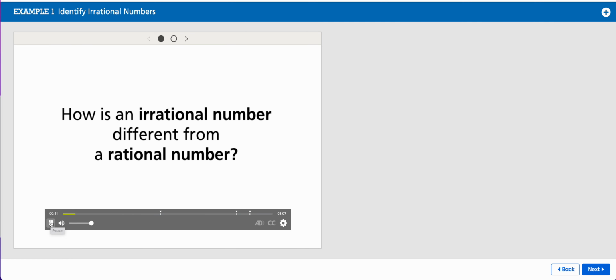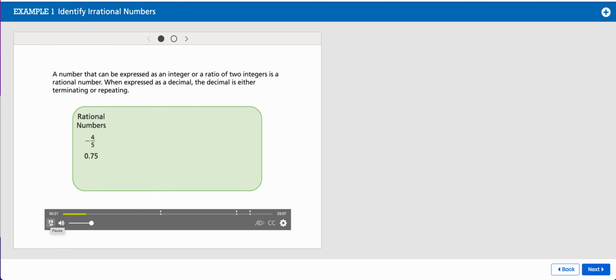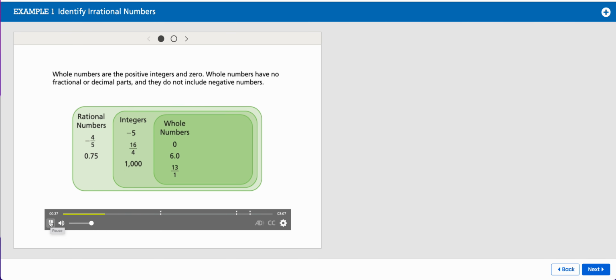How is an irrational number different from a rational number? Think about this question during the lesson. The Venn diagram shows the relationships among rational numbers. A number that can be expressed as an integer or a ratio of two integers is a rational number. When expressed as a decimal, the decimal is either terminating or repeating. An integer is a positive or negative whole number or zero. Whole numbers are the positive integers and zero.